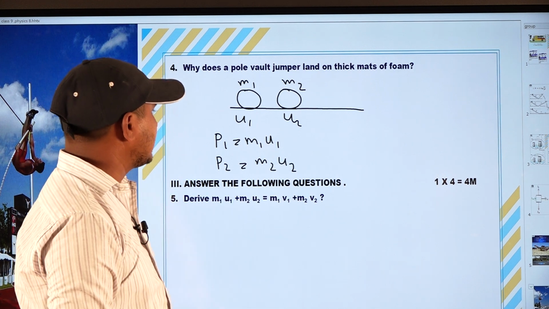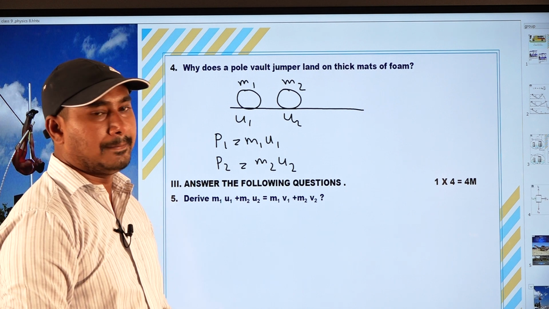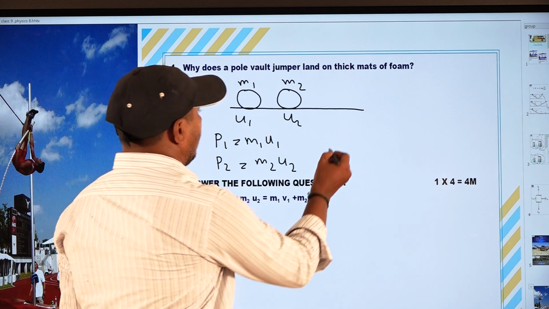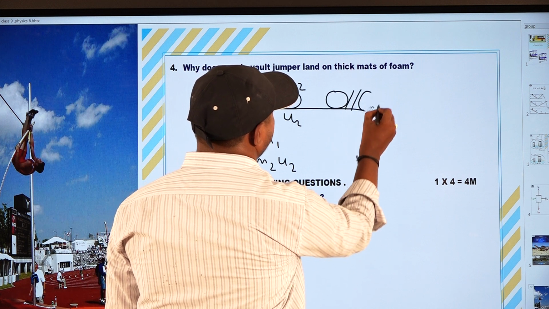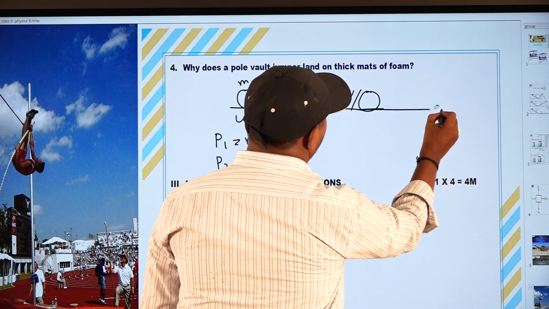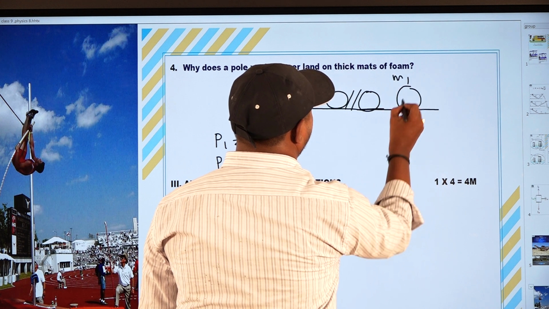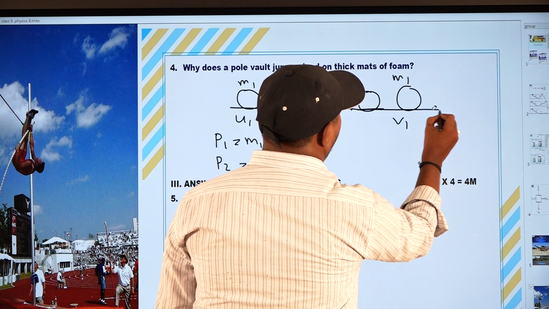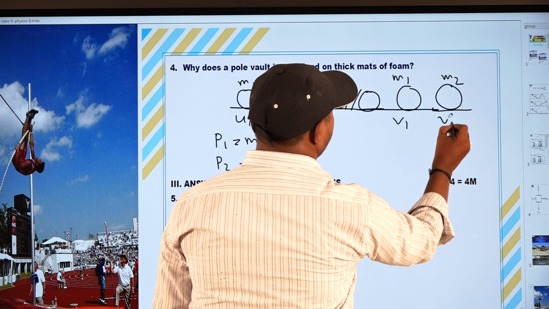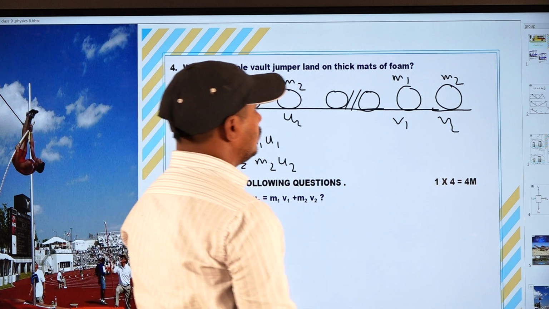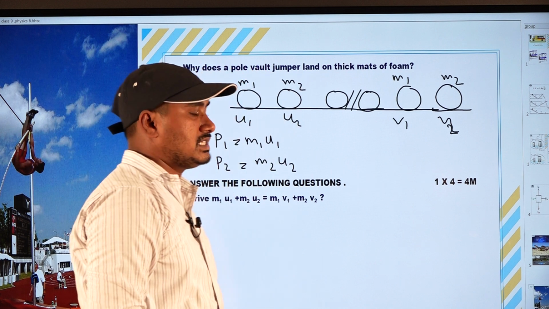When u1 is greater than u2, the first body collides with the second body after time t. After collision, the first body has velocity v1 and the second body has velocity v2.